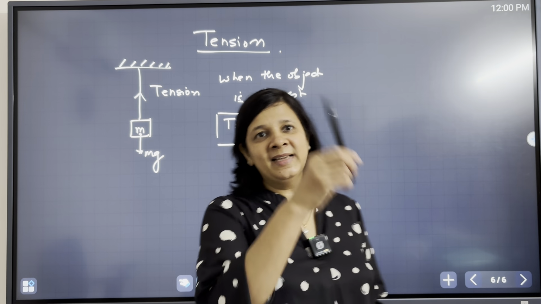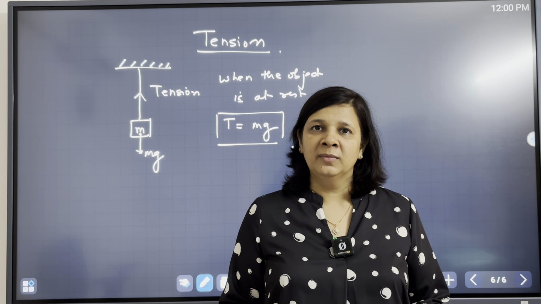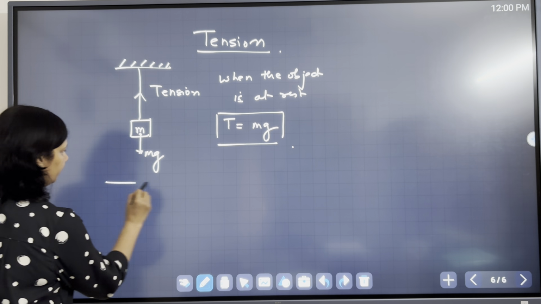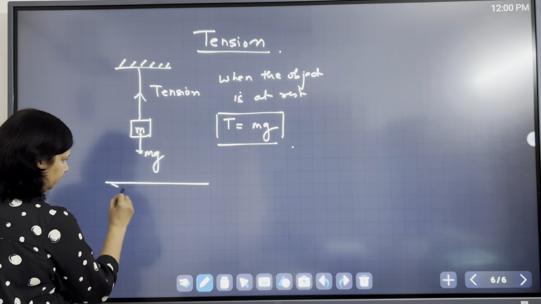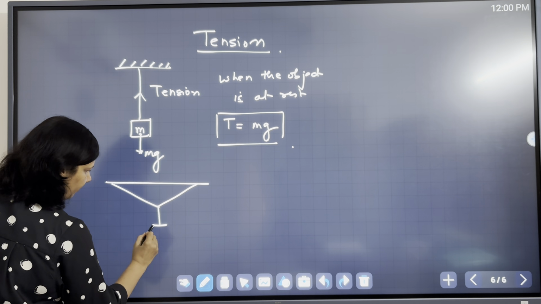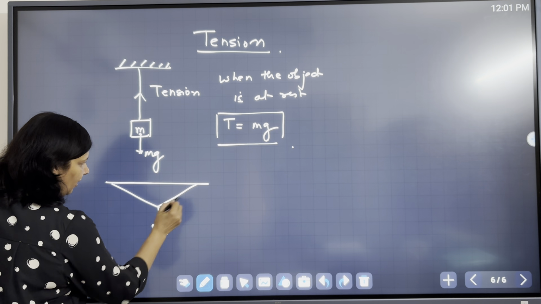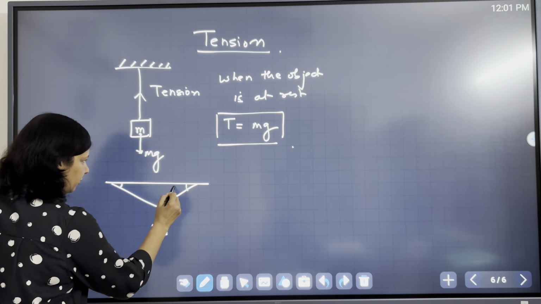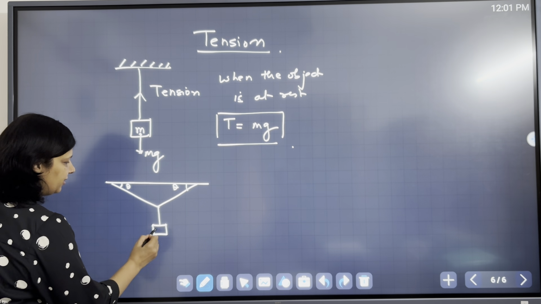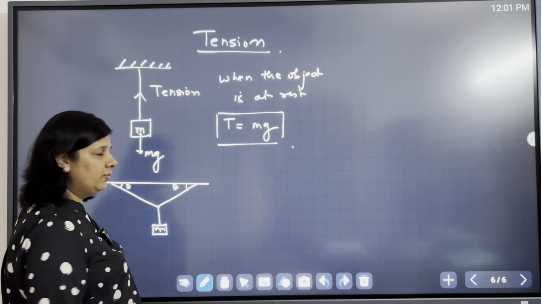If the string is at an angle, then what do you have to do? For example, if there are two ropes, and the angle is given to you, theta, both making the same angle, and somebody asks how much is the tension in the thread, how will you calculate?